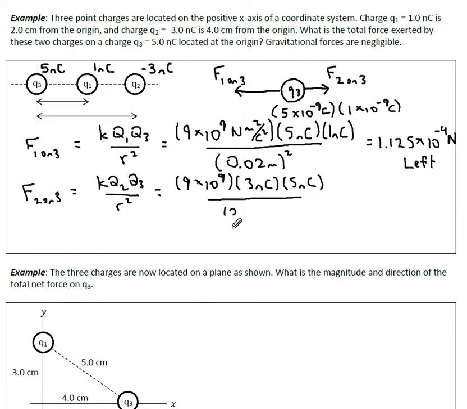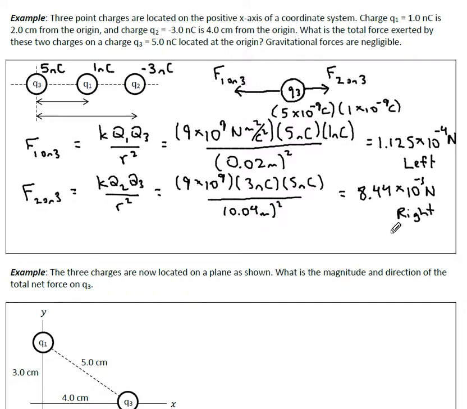Again, I didn't worry about my signs right now, because especially in two-dimensional problems, things are going to travel in all different directions. I just plugged in, and we get 8.44 times 10 to the negative 5 newtons, and this is to the right.